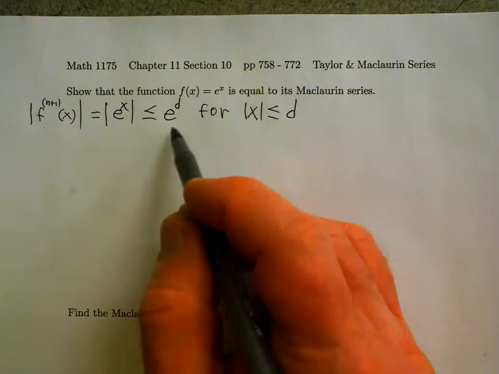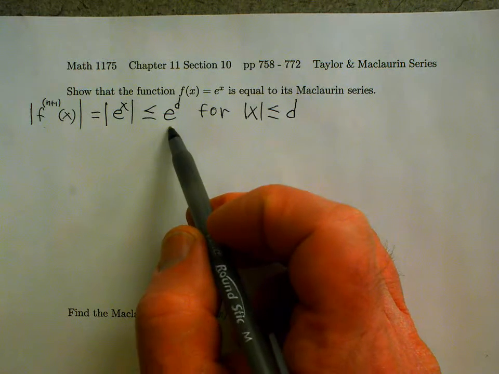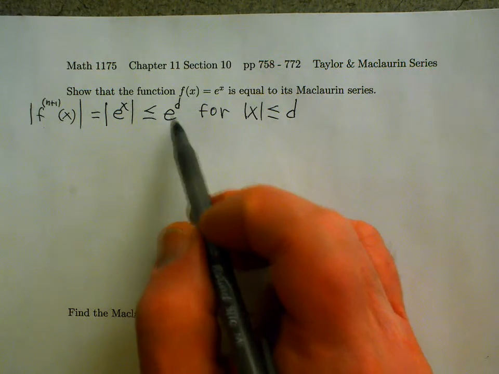Okay, so in Taylor's inequality, this is our value of M.